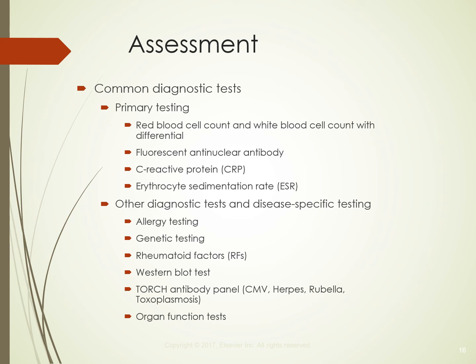CRP is used to determine inflammation in the body and not to diagnose a specific immune dysfunction. It may also be used to follow the progress of and response to treatment for diseases such as rheumatoid arthritis, lupus, and other autoimmune disorders. An ESR is useful in monitoring inflammatory or cancerous diseases, rheumatoid arthritis, and other autoimmune diseases, and tuberculosis.